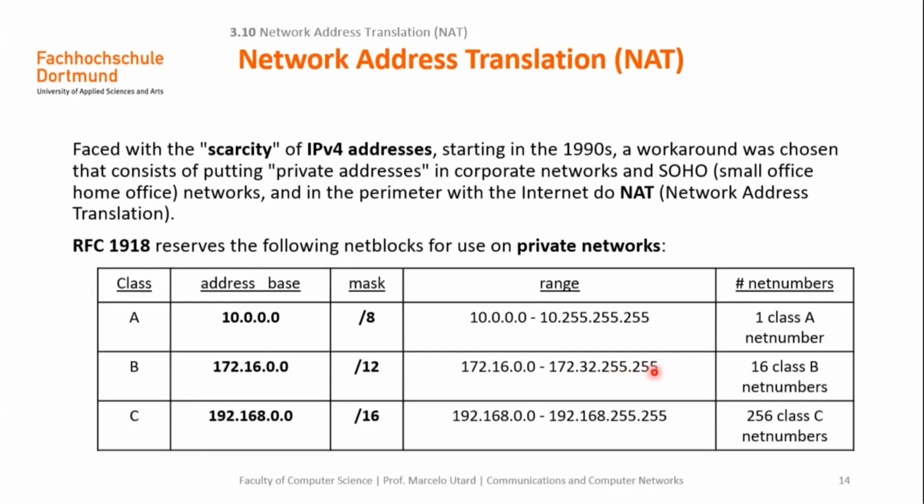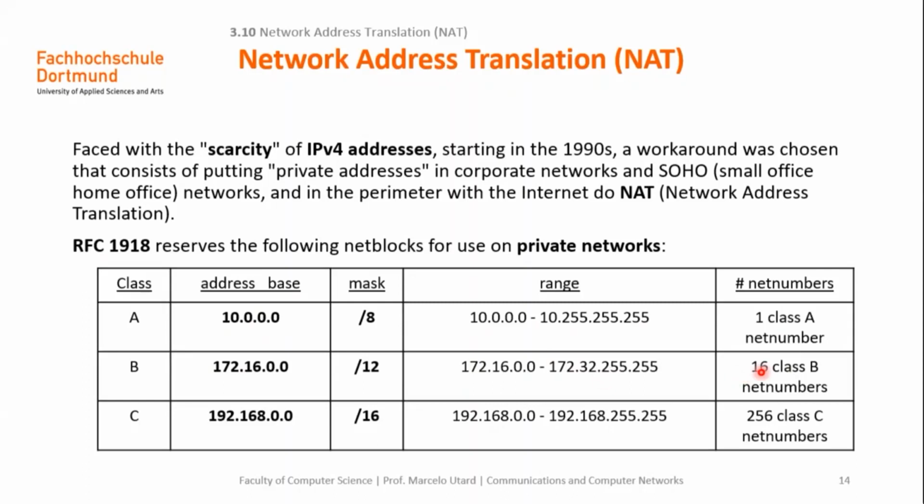In fact, in this net block we use 16 class B net numbers. The net numbers 172.16, 172.17, 172.18 until 172.31. That is 16 class B net numbers.